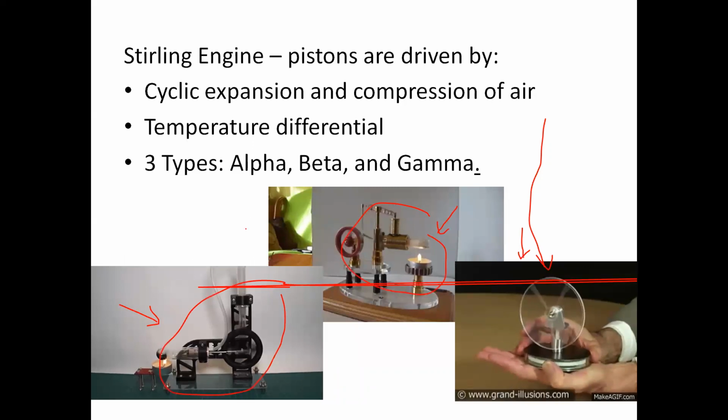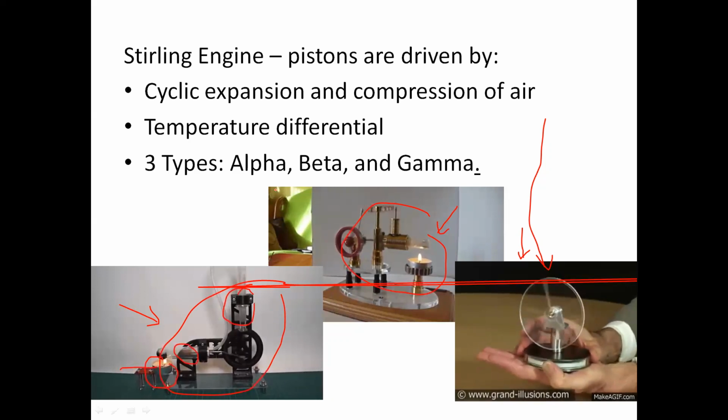Now for the alpha, what you'll notice here is there are 2 pistons. There's a piston here, then there's a piston here, and the heat source is outside. It hits the air, pushes the piston, and turns the wheel here. And then there's an alternate. The heat is also driven to this side of the piston, which also drives the wheel.